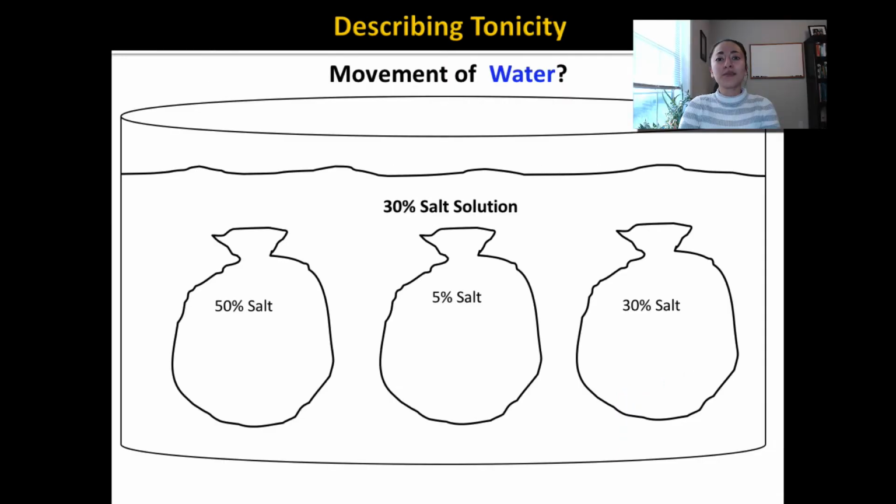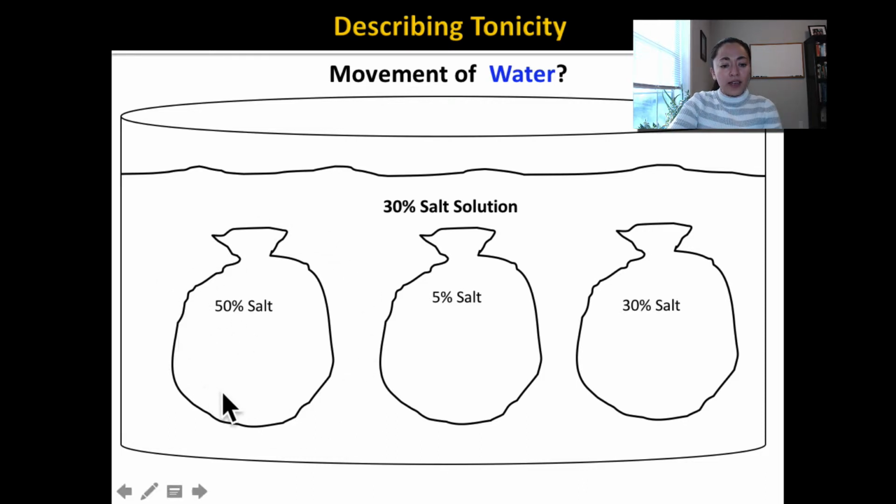Let's do some practice predicting the movement of water in various solutions. So I have 3 bags inside this beaker. Each bag contains a different concentration of salt. The outside of the bag, so the solution in the beaker, contains 30% salt. The bags are not permeable to salt in this case, so salt can't go in and out of the bags, but we're just talking about the movement of water here.